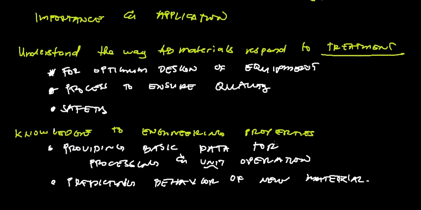Like for example, in food processing, we want to process a certain fruit to make it a juice. Okay, so say we have calamansi.